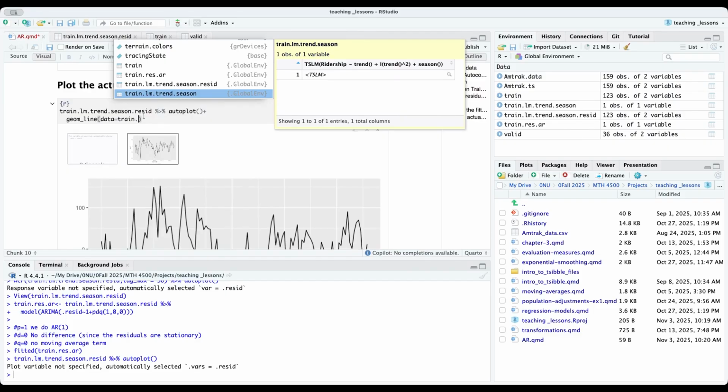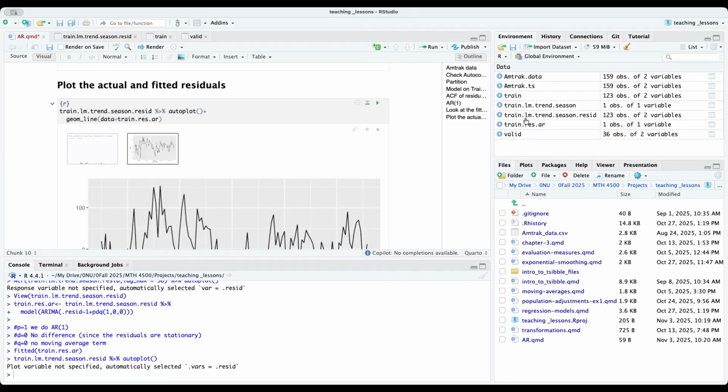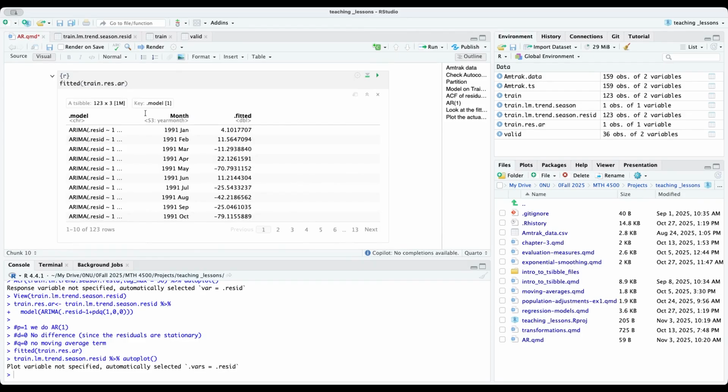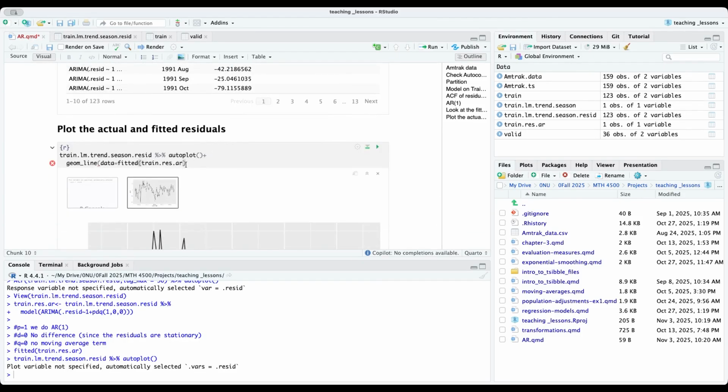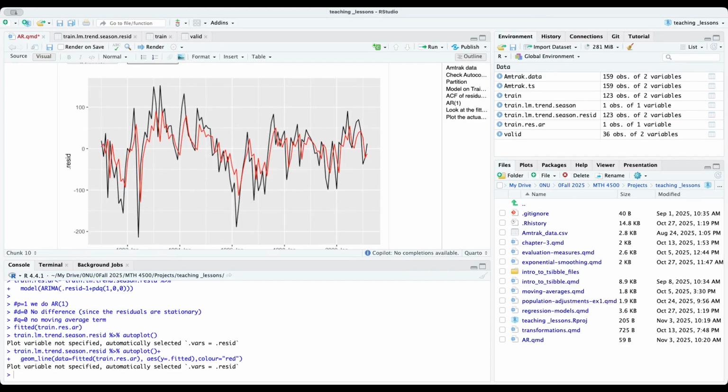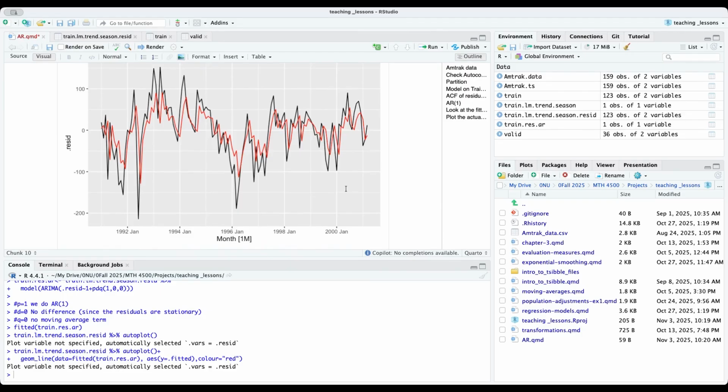Yes, I have to add fitted here, because we need to look at the fitted value. Then the aesthetic, y is going to be .fitted, color equals red. So these are the actual residuals and the fitted residuals. It seems that it fits the residuals really well. Good. We are fitting the residuals really well.